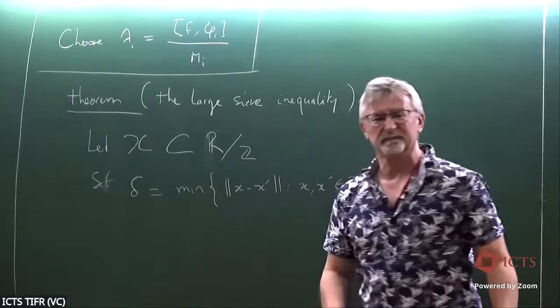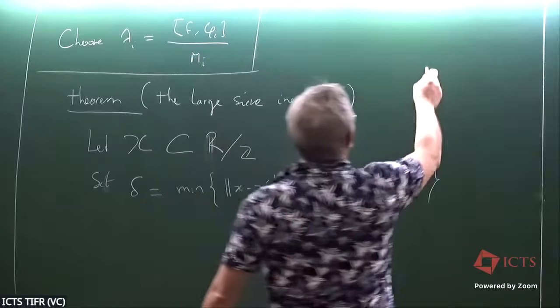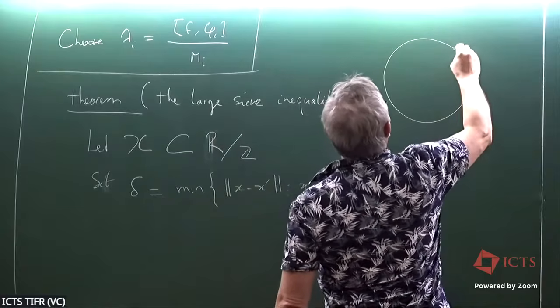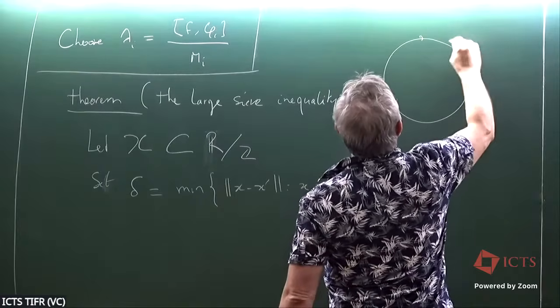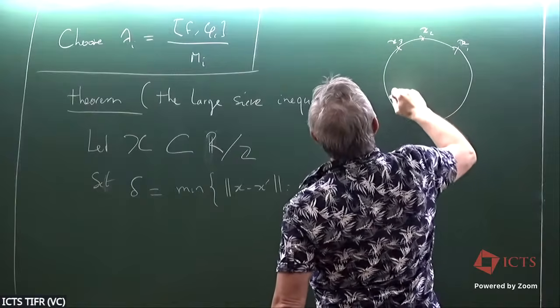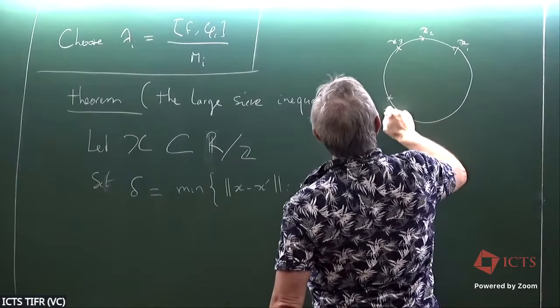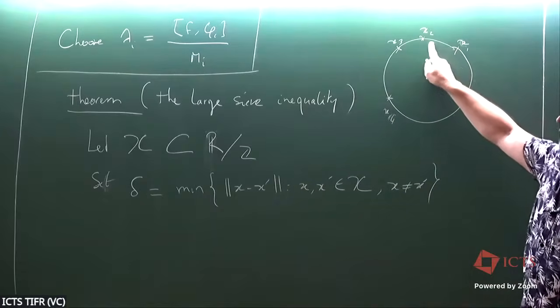Okay? You're on the torus here. And you have points, let's say x1, x2, x3, x4. Okay? What I assume is that they are spaced enough.